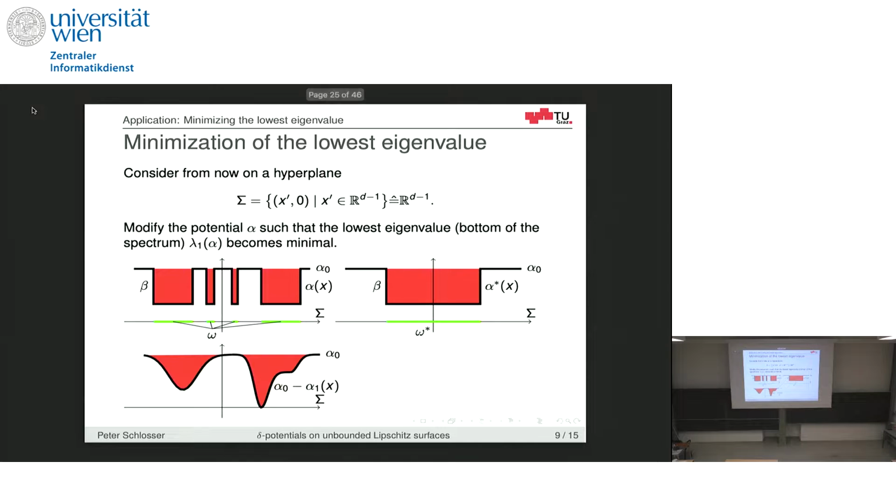But of course, things are more complicated. I can think of any function here, and do a similar thing, rearranging all these function values. How do I get from here to here? First of all, the largest, so the most negative value, I put in the middle.